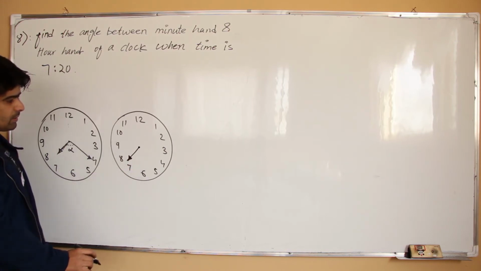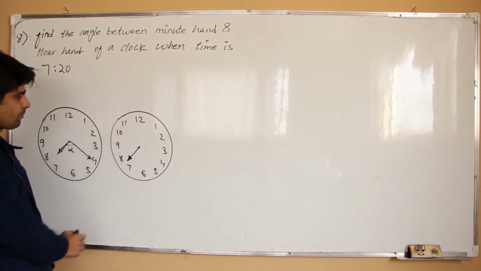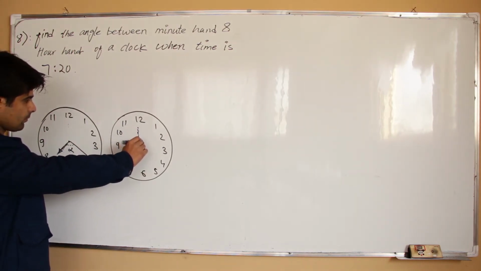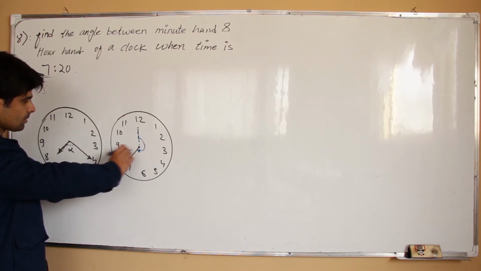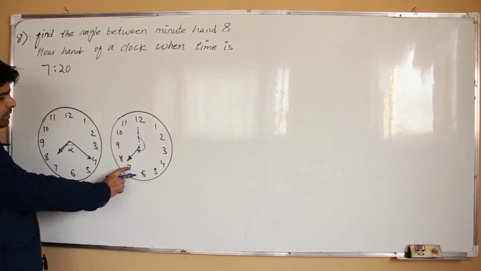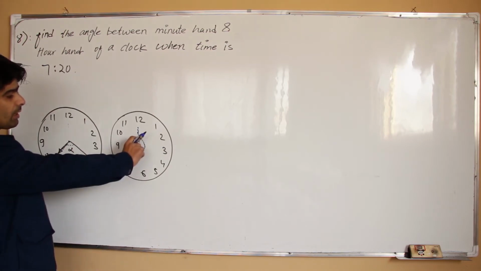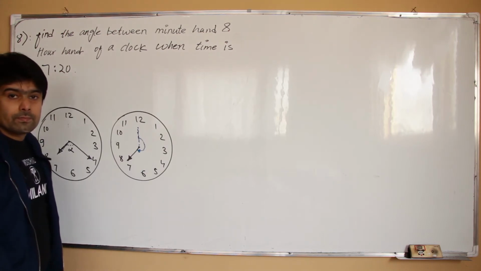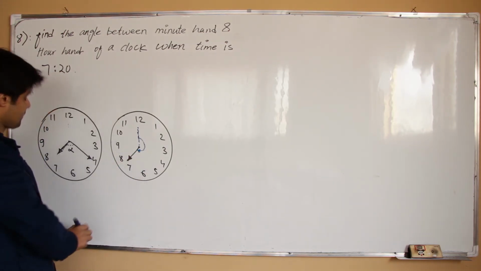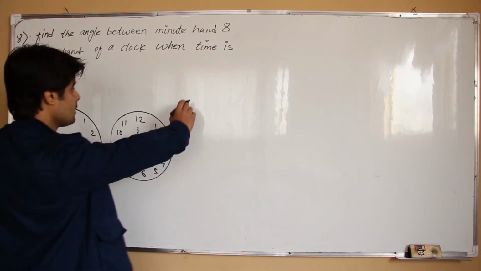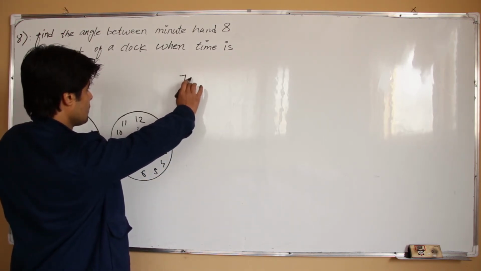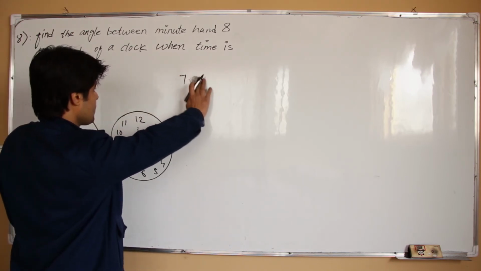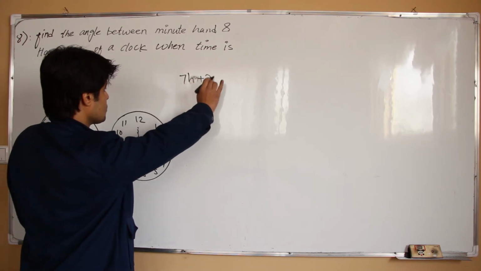Am I right? Yes. Now it has started from this 12 and moved to between 7 and 8. First, we have to find how much this degree is. You know that 7:20 means 7 hours plus 20 minutes.